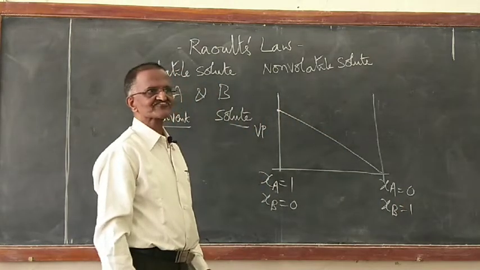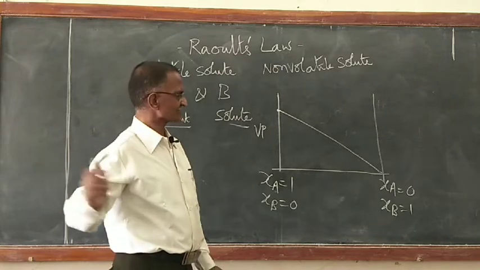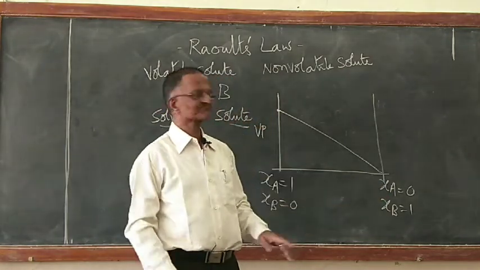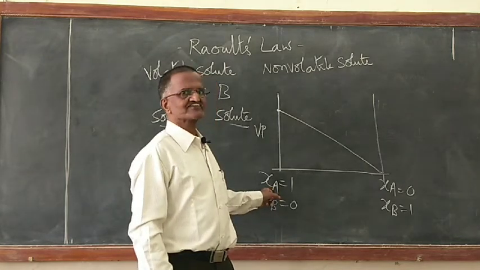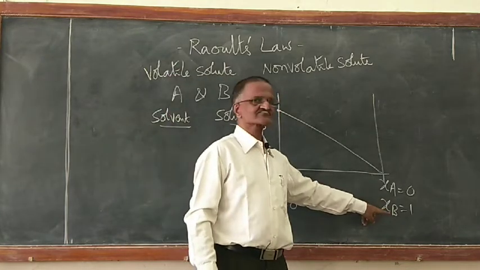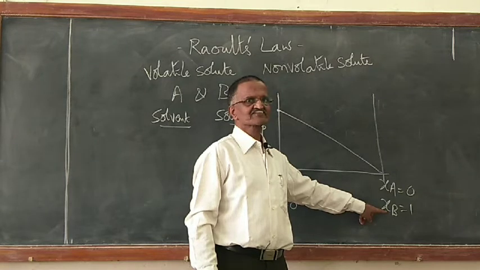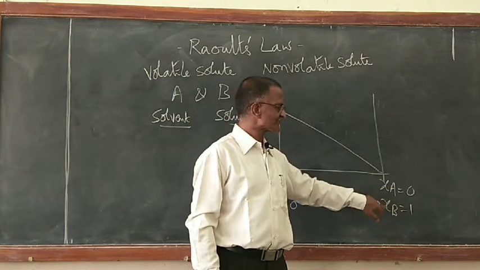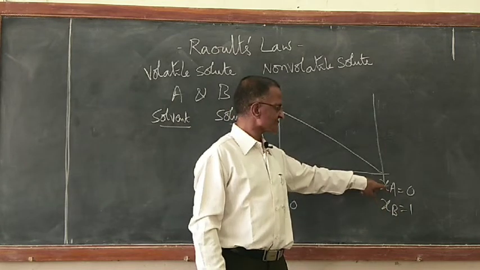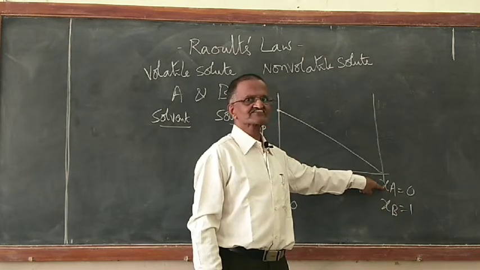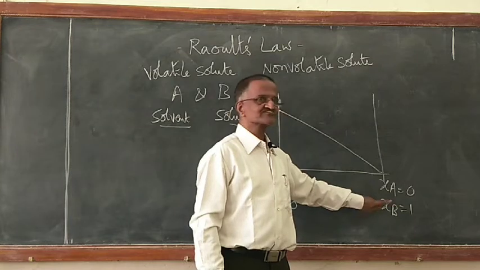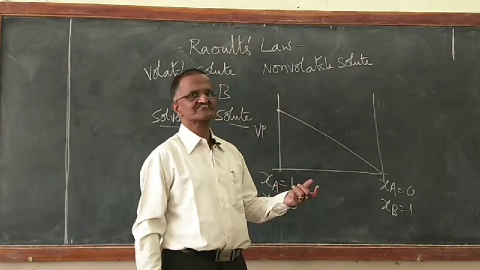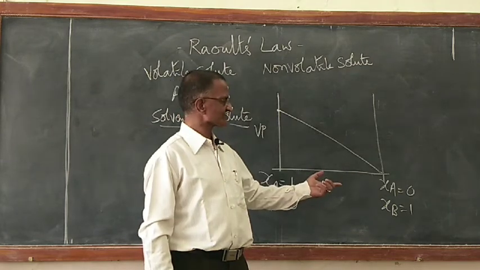So I take it to such an extent that it is as if I have no more solvent, I have only solute with me. Now when I have only the volatile solute, what will be its vapor pressure? There is no contribution of A to the total pressure, there is only B. Only B is contributing.